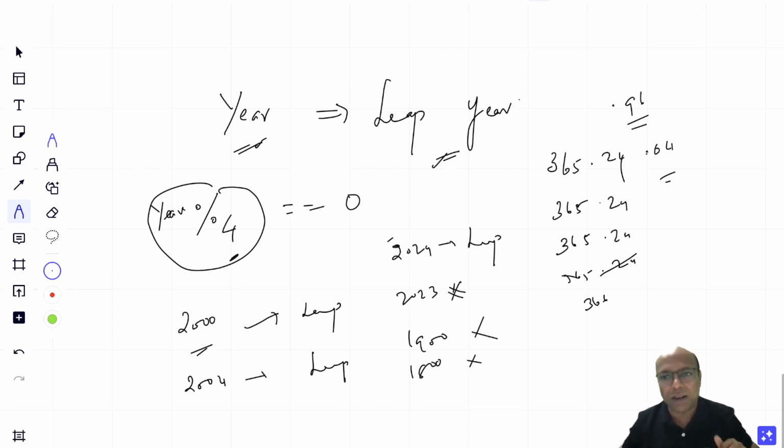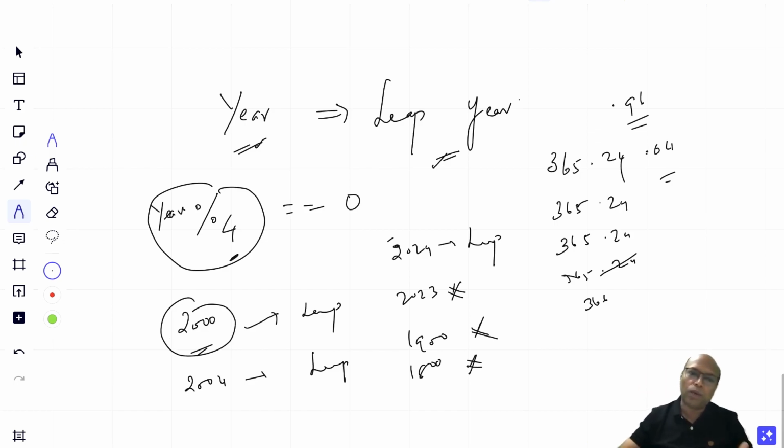Therefore, what they have done: every year that is divisible by 4 is a leap year, except the year that is divisible by 100. That means any year that is divisible by 100 is not a leap year, and they are given an exception. But if the year is divisible by 400, yes, it is a leap year.